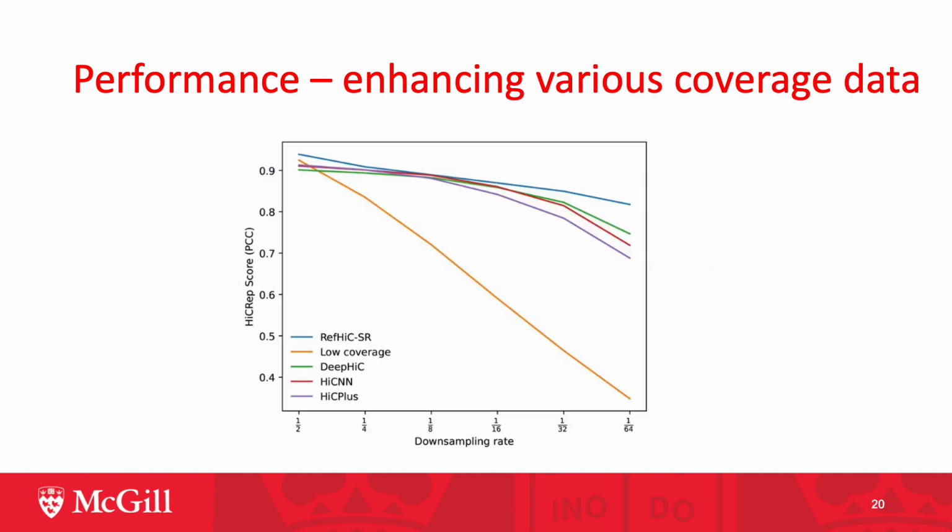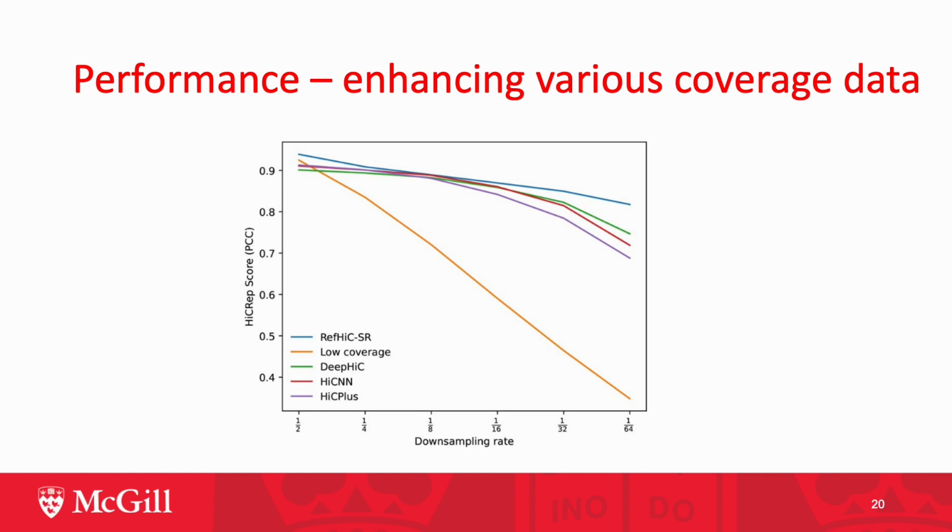Hi-C experiments are usually conducted at different levels of sequencing coverage. Here we studied how the contact map enhancement tools perform in handling Hi-C data containing different numbers of contact pairs. We first created a series of downsampled GM12878 Hi-C data, and we enhanced these downsamplings with each tool.